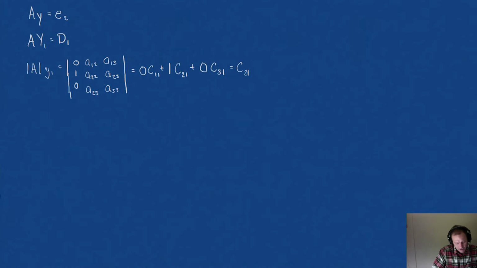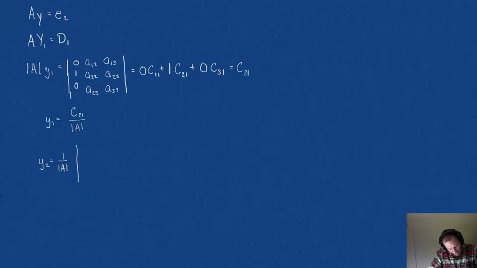Now, let's see what happens for y2. So now we've solved it. Oops, y1 equals C21 divided by the determinant of A. Now, y2 is going to be 1 over the determinant of A times the determinant of the matrix D2.